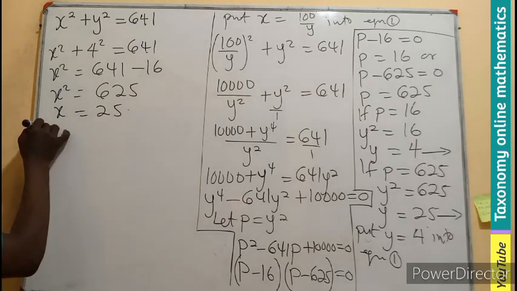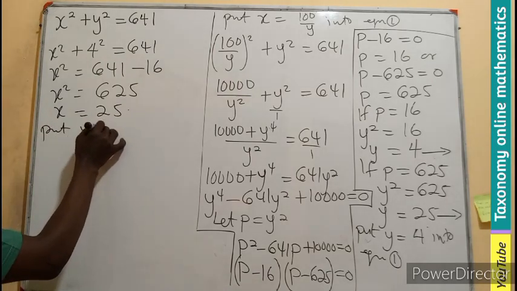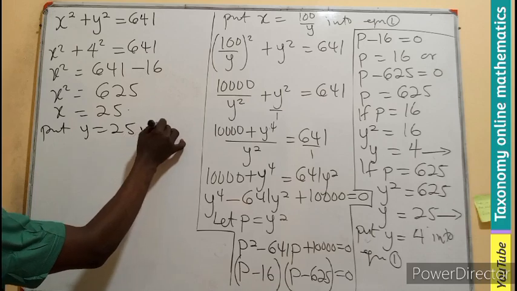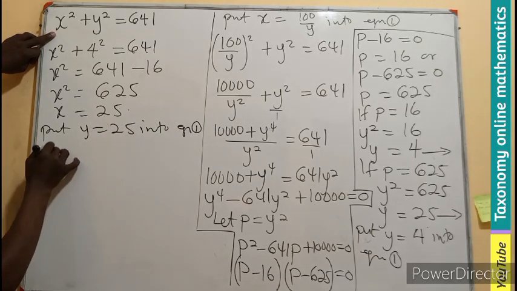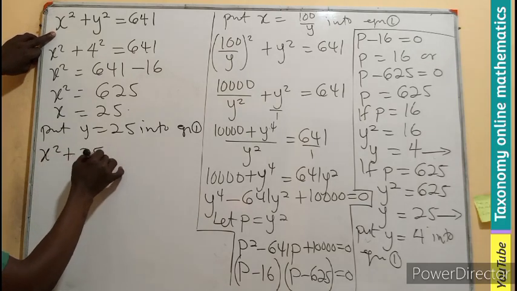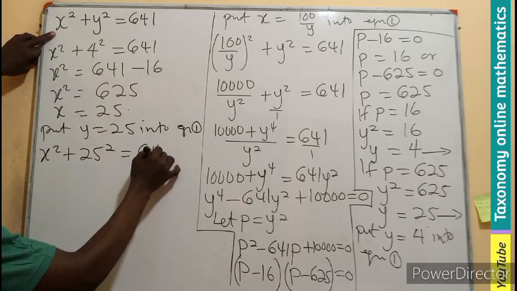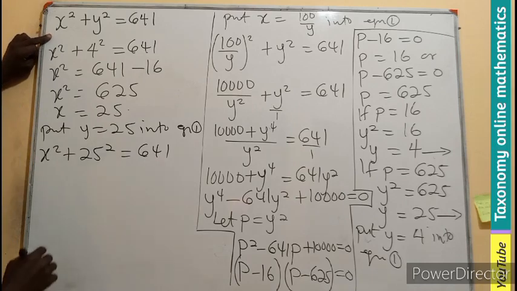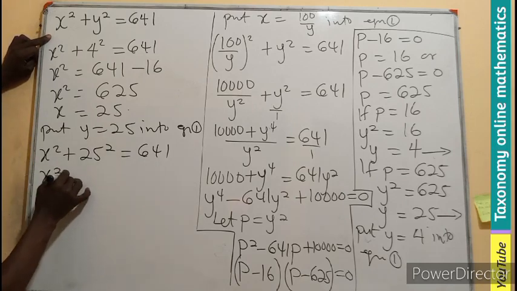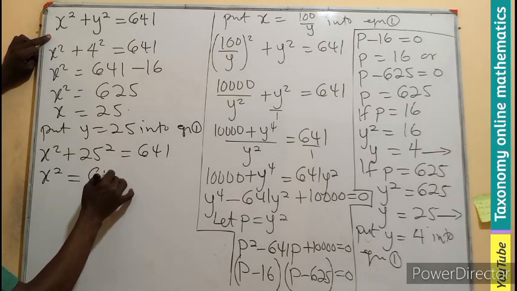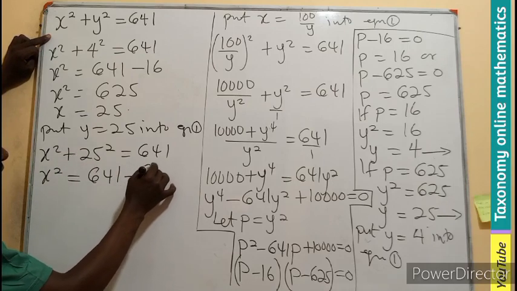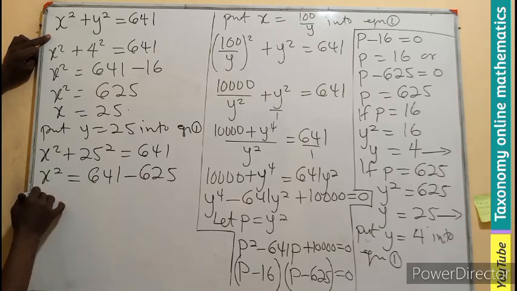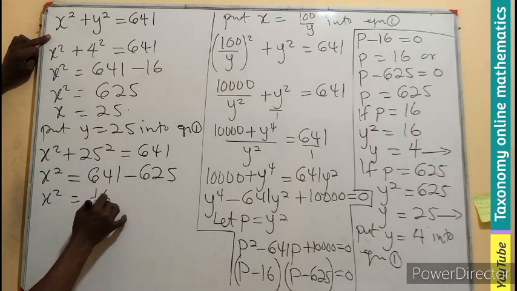You see that? So if you put y equals to 25 into equation 1, you'll be having x squared plus 25 squared equals 641. So maintaining your x squared, it will be equal to 641 minus 625, and your x squared will give you 16.